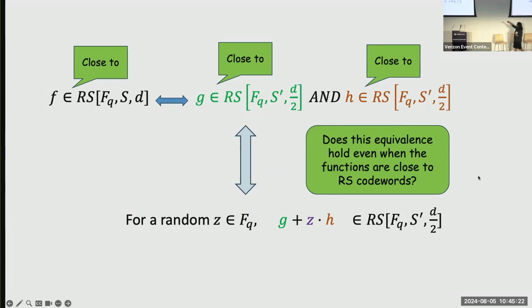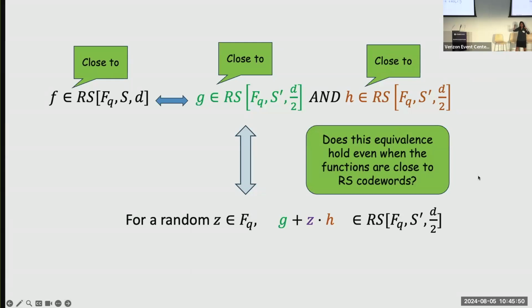Okay, so this is the relationship. Let's forget how we got g and h. The question we're going to study is: g and h are 2 strings, and I look at the linear combination of g and h, and I'm asking, is it true that g and h are close to Reed-Solomon codes if and only if g plus z h is close to a Reed-Solomon code for many choices of z?